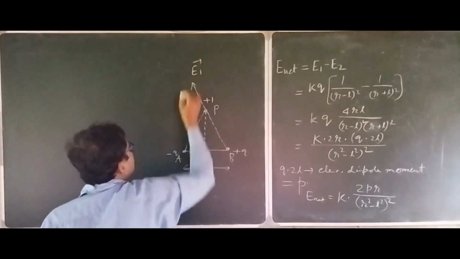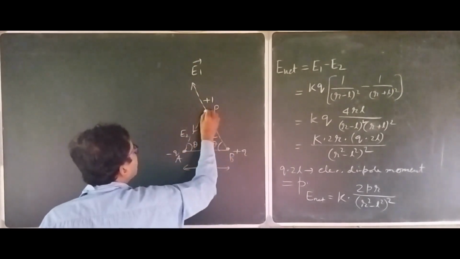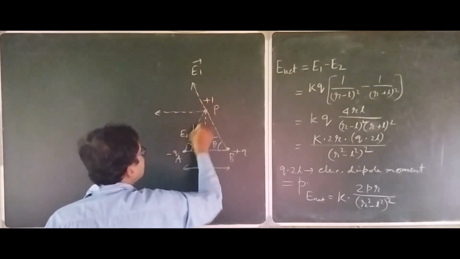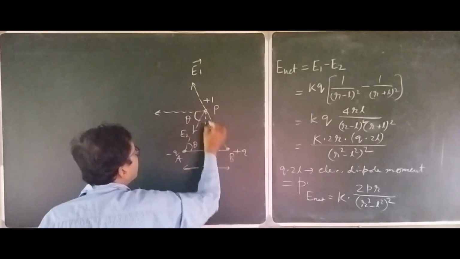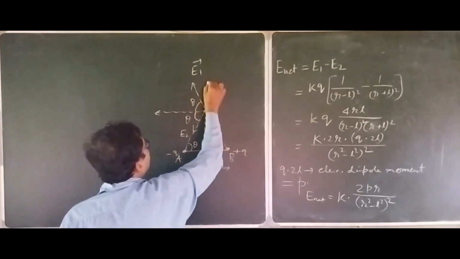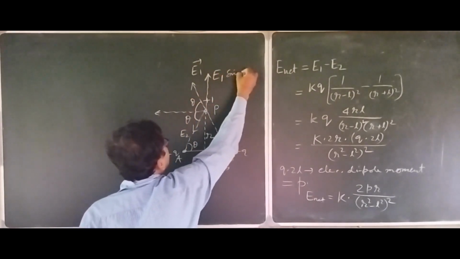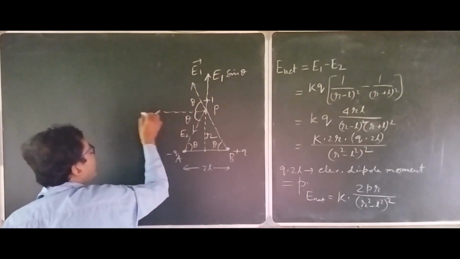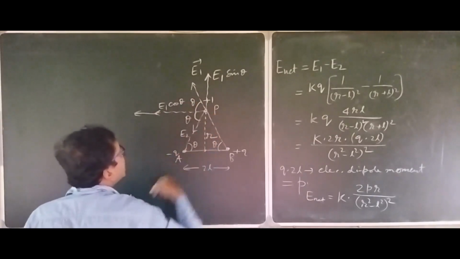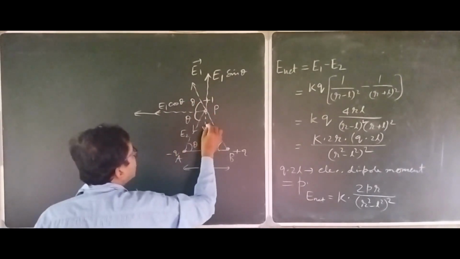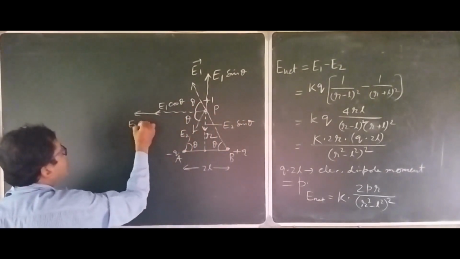This is E1, this is E2, this is theta, this is R. So when you break these two forces E2 and E1, by alternate angle property, this is also theta and correspondingly this is also theta. So this component is definitely E1 sin theta, and in this way there is E1 cos theta. This is E2. So by breaking this along this, that is E2 sin theta, and along this E2 cos theta.